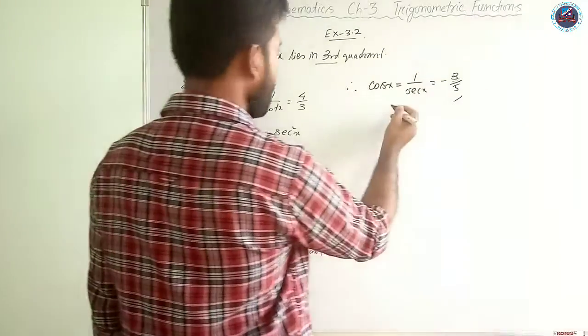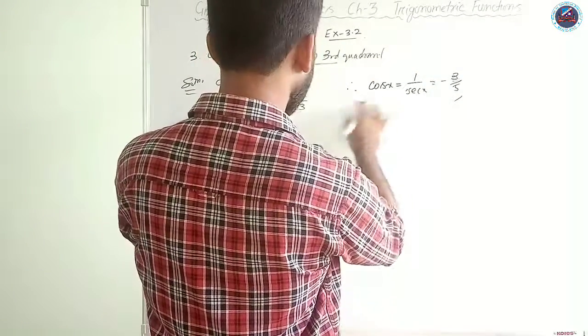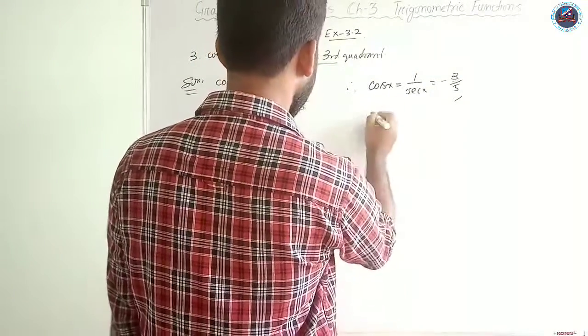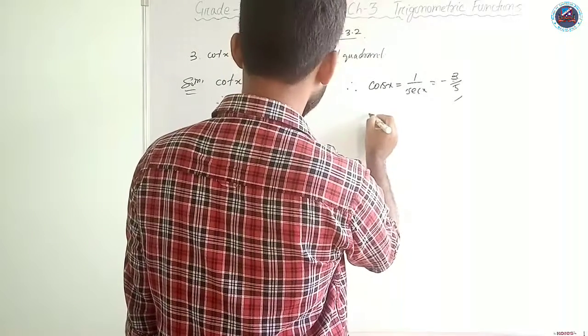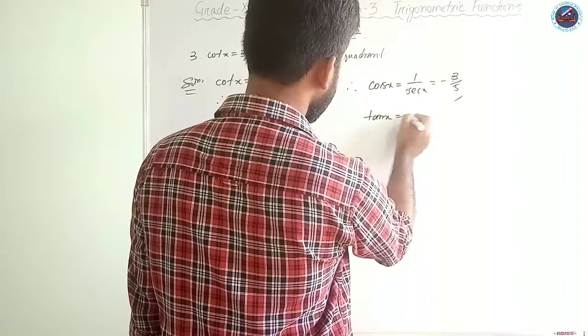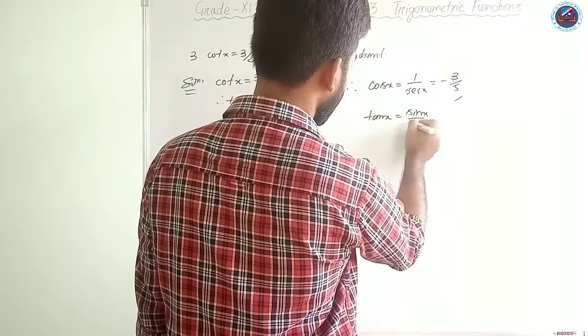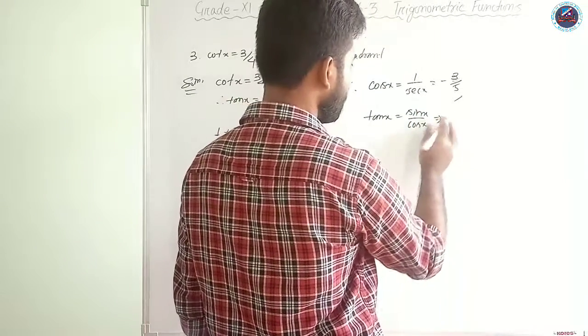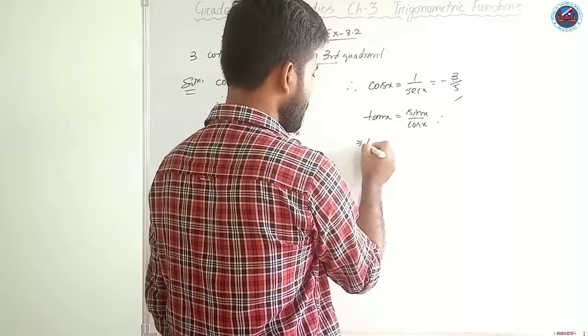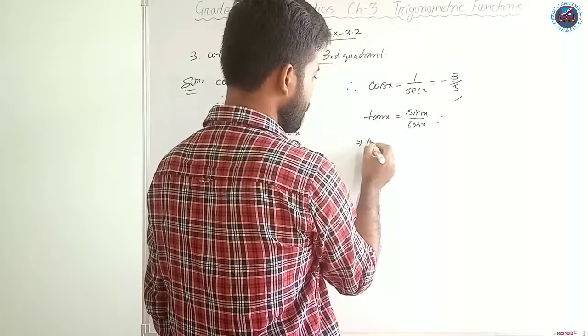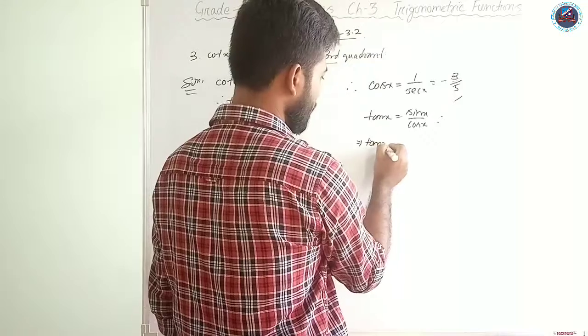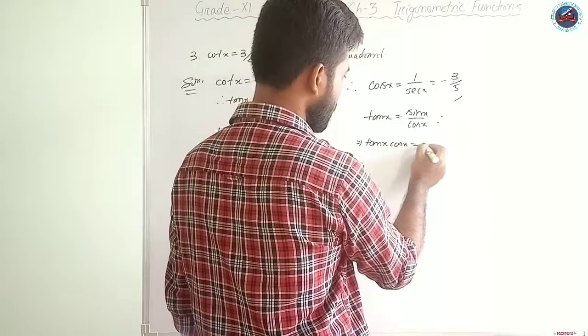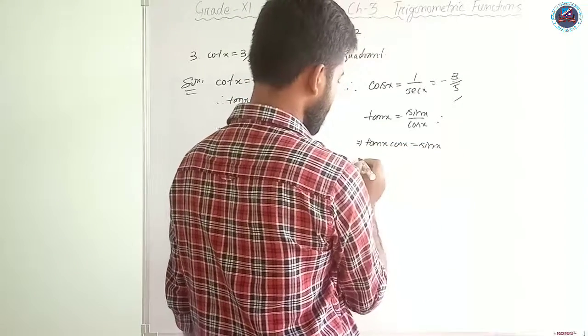Fine. Now since we have tan and cos, from there we can find the sine. So what is our tan? Tan x is equal to sine of x by cos of x, and this will imply tan x cos x is equal to sine x.